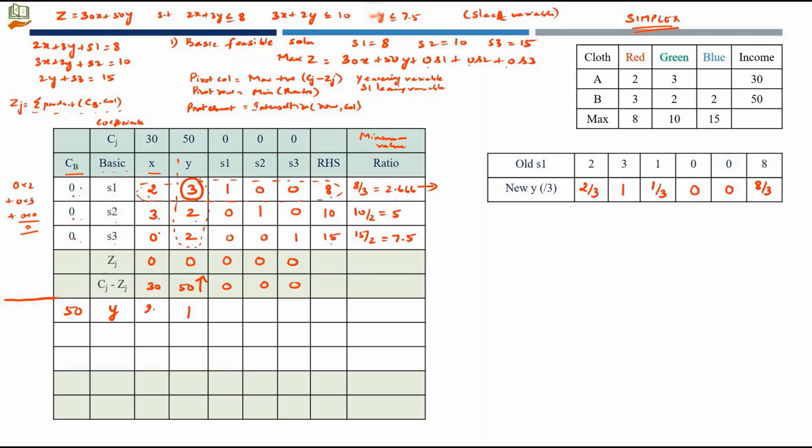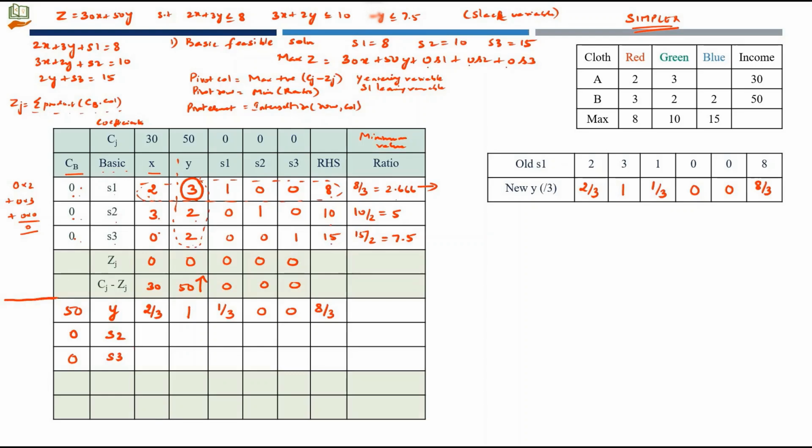We have 2 by 3 in the X column, then Y has 1 as it is. Next value is 1 by 3, we have 2 zeros, then we have 8 by 3. The next two variables are S2 and S3 and their respective coefficients are 0 and 0. We have already picked 50 from the objective function, the respective coefficient of the Y variable.